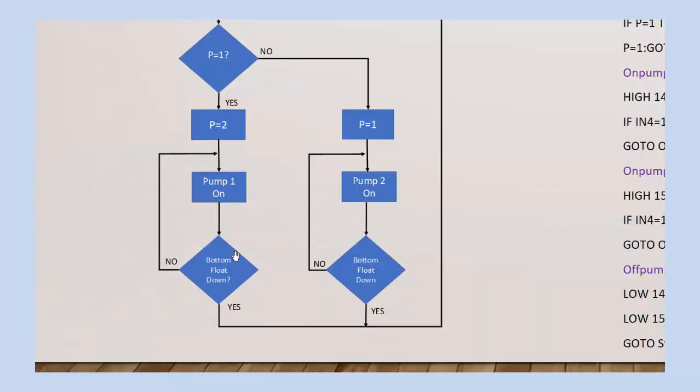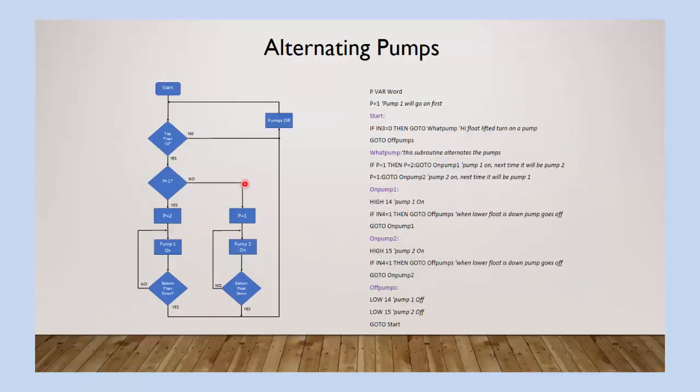And as we can see, we're going to change P to 1 for next time. But we're on this path, and pump 2 is going to go on, and pump 2 will stay on until the bottom float goes down. Once the bottom float goes down, both pumps will go off.